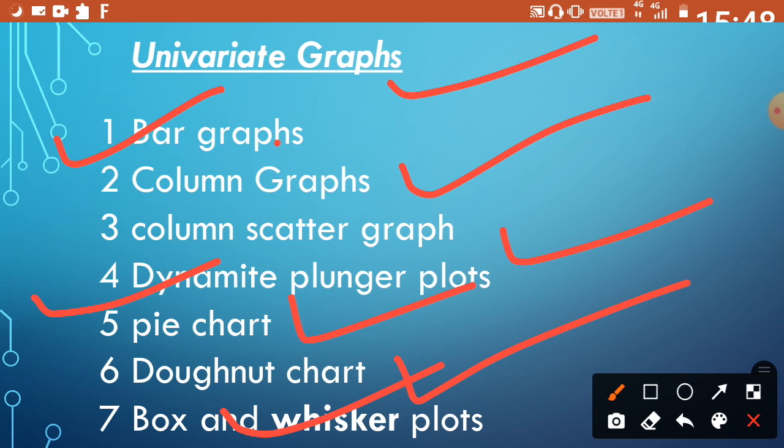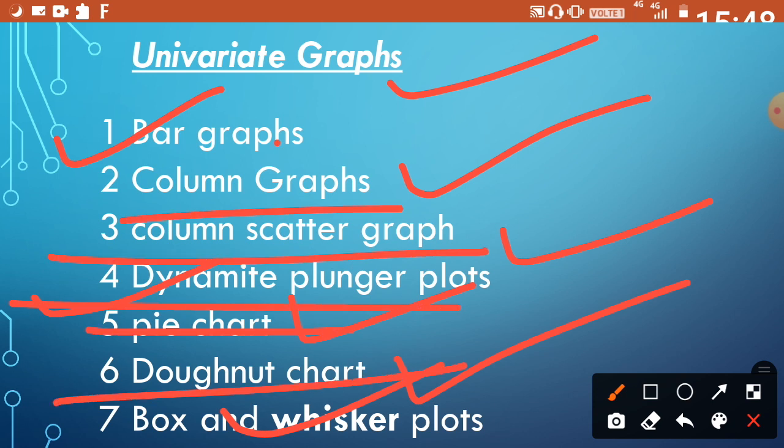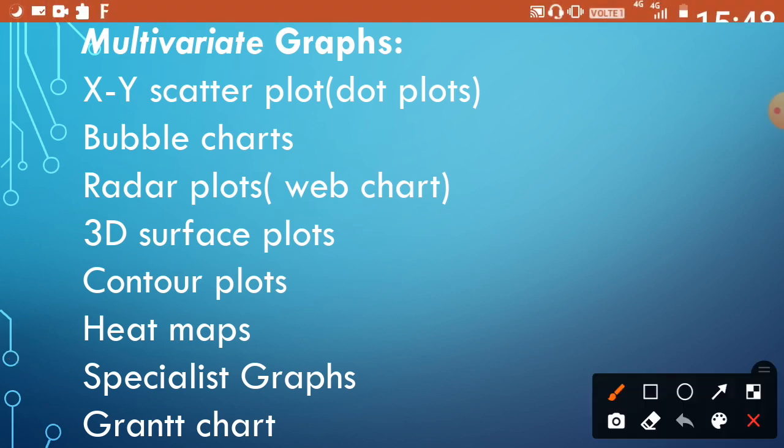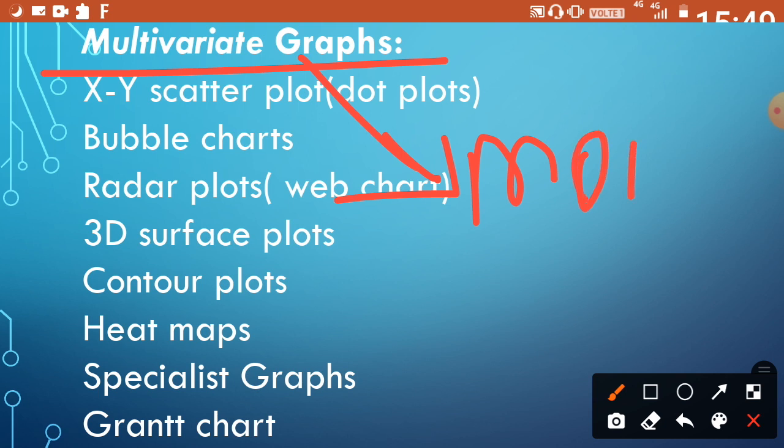Fine. So let's move to the next slide. This is your multivariate graphs. The name itself says that there are multiple variables, more than one kind of variable.